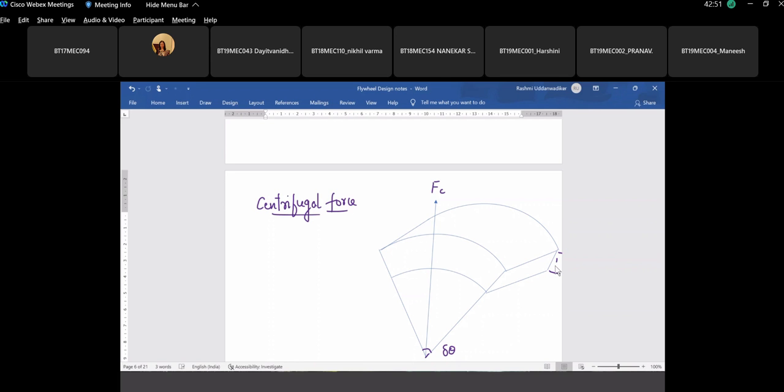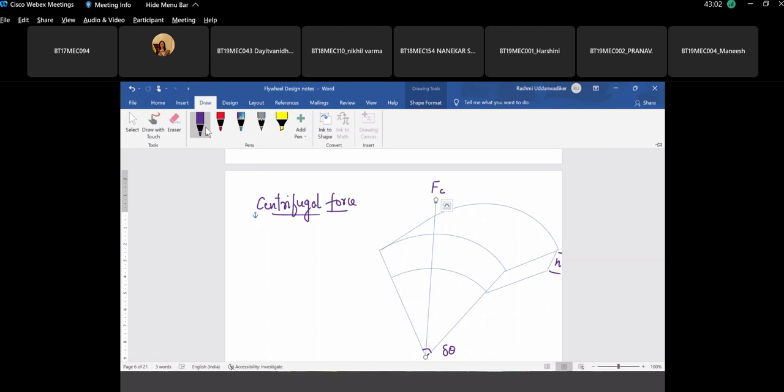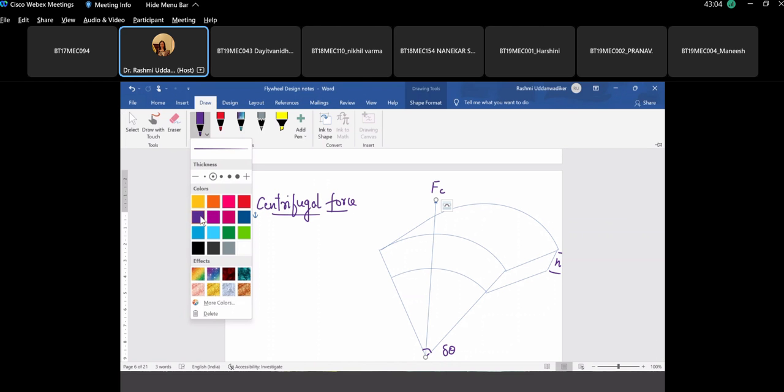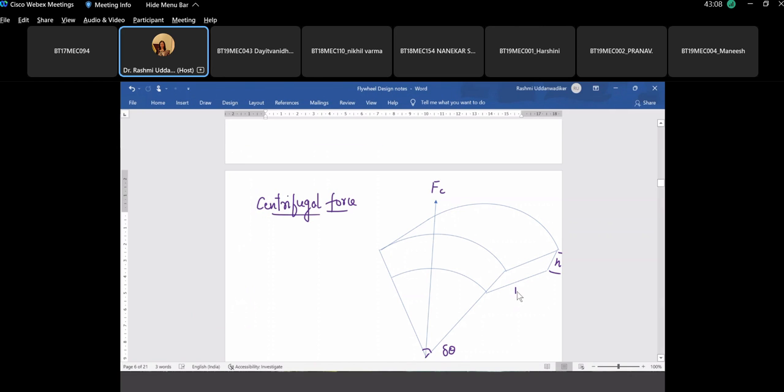This is h. And its cross section is b. This is b and this is h.